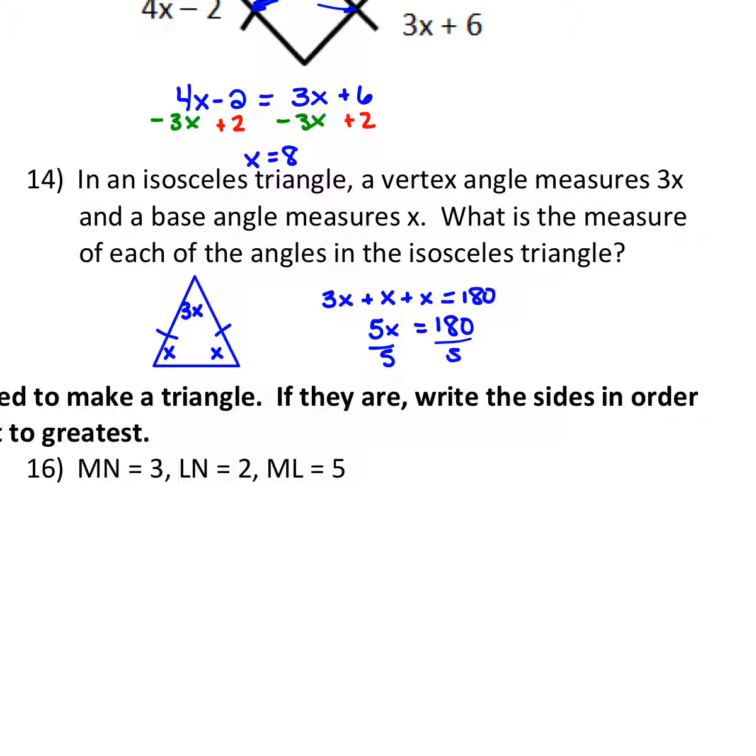So we divide both sides by 5, so we know x equals 36. So my base angles, because it wants us to know the value, are 36. And my vertex angle is 3 times 36, which is 108.